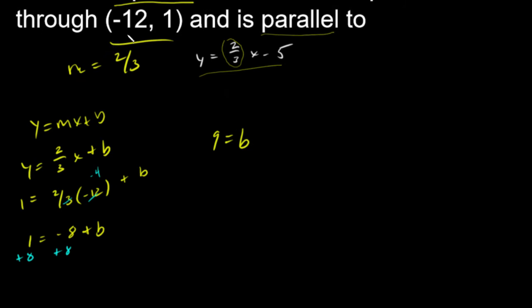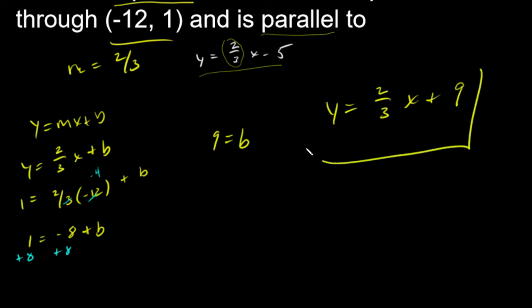Okay, so you get y equals 2/3 x plus 9. There you have it. So all this information right here told us was that the slope needed to be 2/3. Right, so don't let it be more complicated than it is.